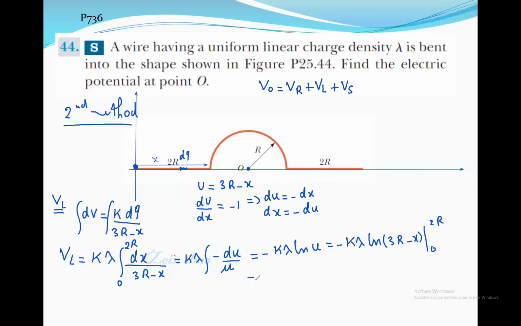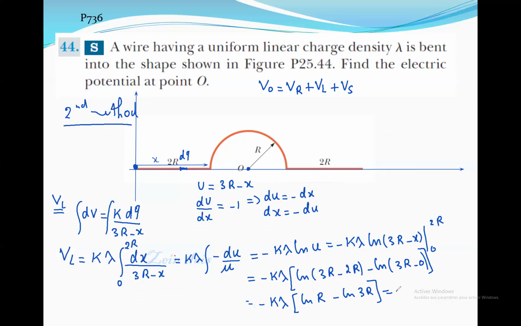We get here minus k lambda [ln(3r minus x) at x equals 2r, which is ln r, minus ln(3r)], so minus k lambda ln r divided by 3r.